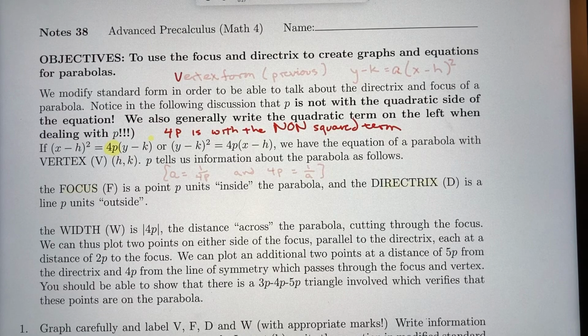So notice that vertex form from last time has A instead of P, and A is on the squared side. So notice that A is 1 over 4P, and 4P is 1 over A. So just to be aware.